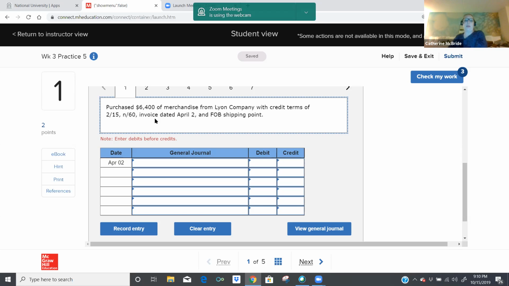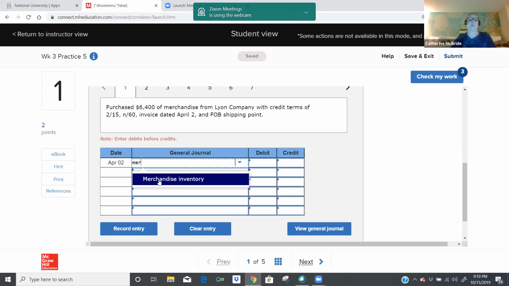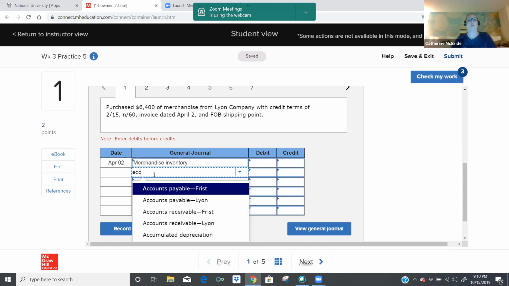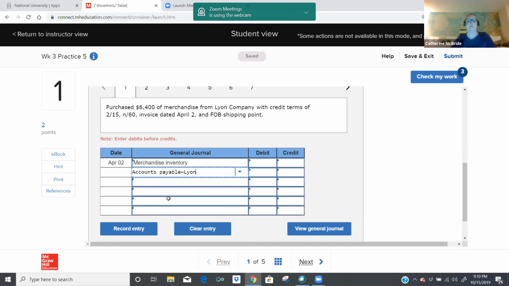On my piece of paper, I'm saying, okay, so I know that I have purchased inventory and I'm going to pay $6,400 for it. So I'm going to increase my merchandise inventory account and I'm going to increase accounts payable. And this is to Lion.